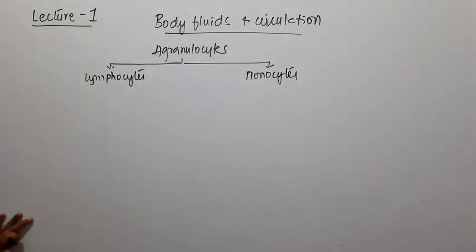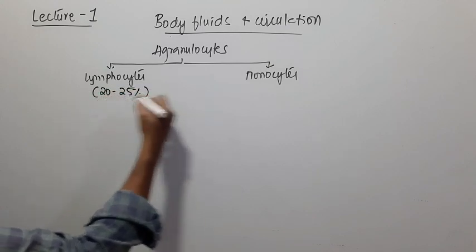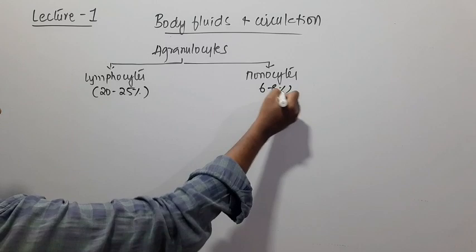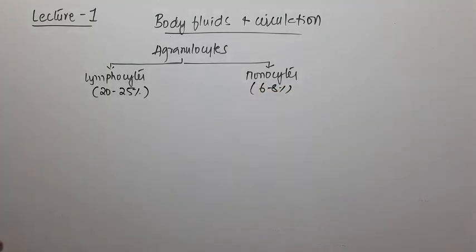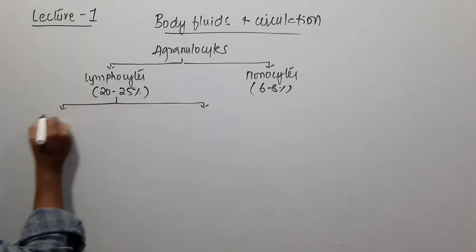So these agranulocytes are lymphocytes and monocytes, and these lymphocytes constitute 20 to 25%, and monocytes are around 6 to 8%, that just now we have seen about them. And I told that these lymphocytes are again of two types.